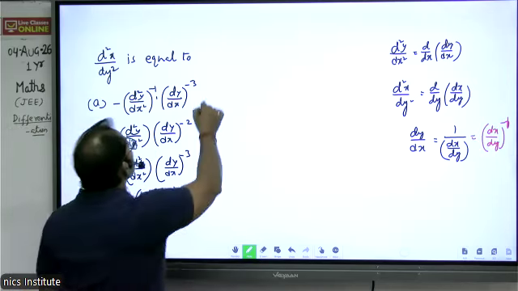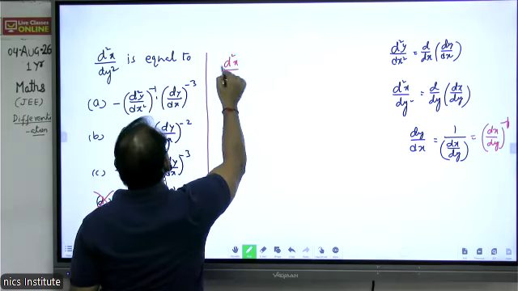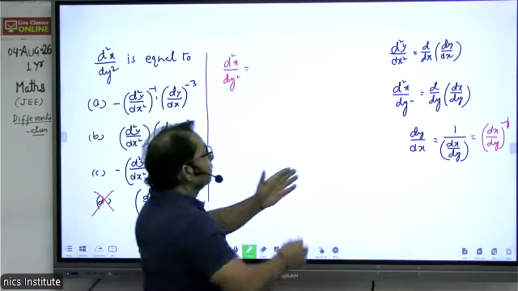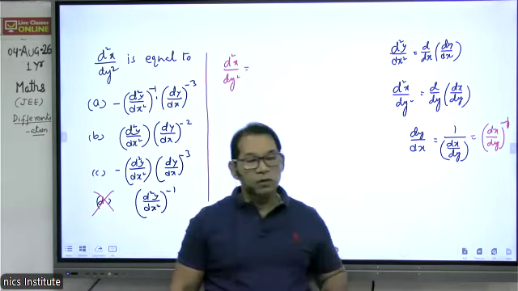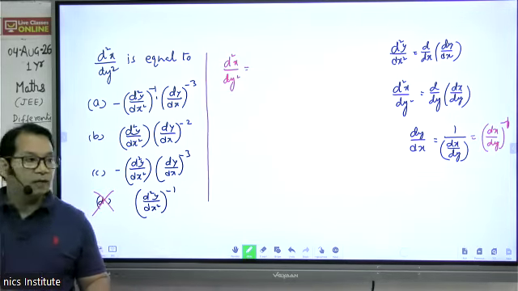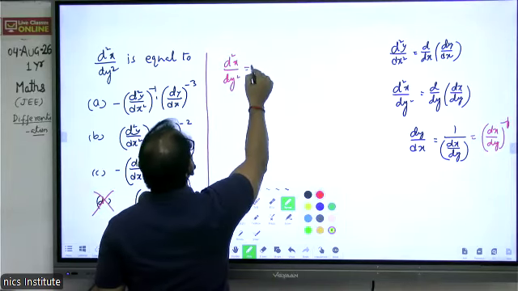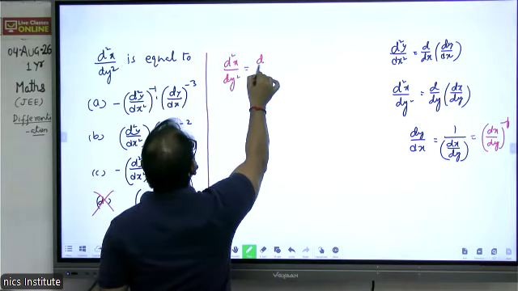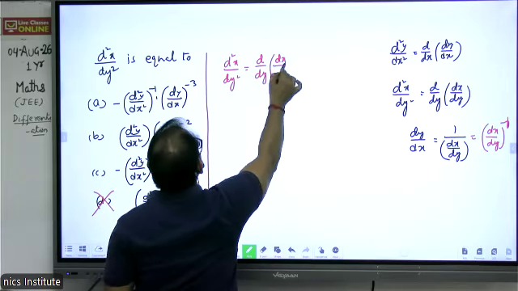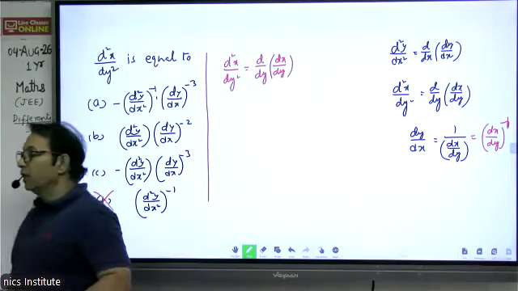Okay? So convert d2x by dy square in terms of this. Start from d2x by dy square and try to convert into dy by dx. So d2x by dy square will be d by dy of dx by dy, right? Now try to convert it.